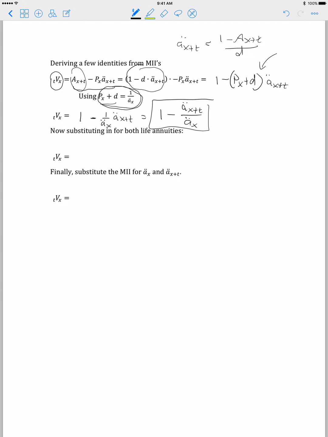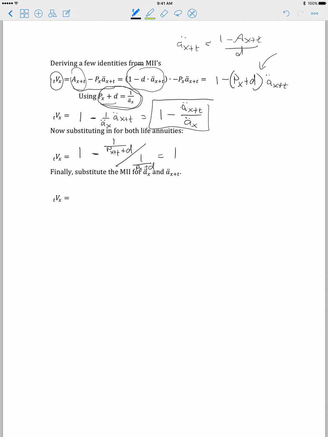Okay, now we substitute that premium formula that I circled in for both the numerator and denominator. What do I get? I get 1 minus, and then I'm going to substitute in 1 over, let's see, a umlaut x plus t, the life annuity due issued to age x plus t, is 1 over P_x plus t plus d, and then the denominator is 1 over P_x plus d.